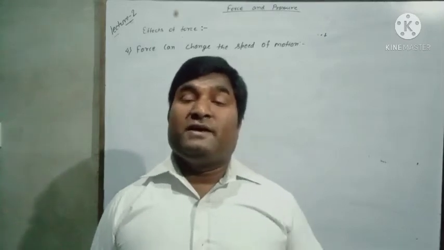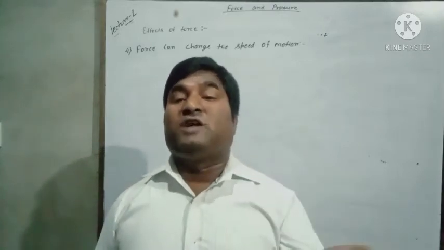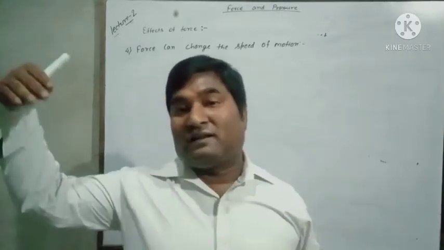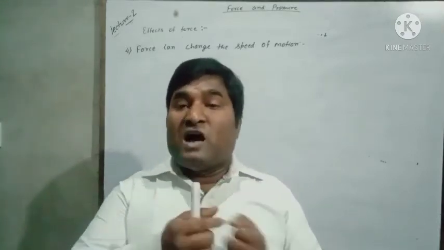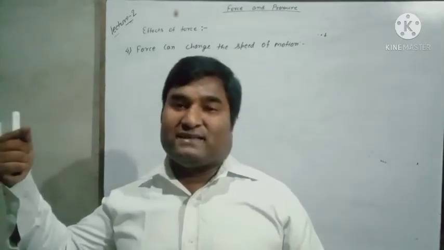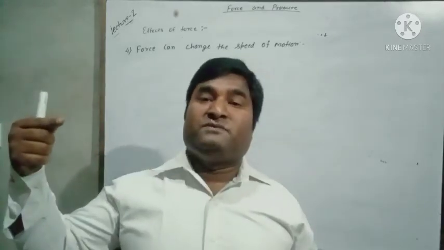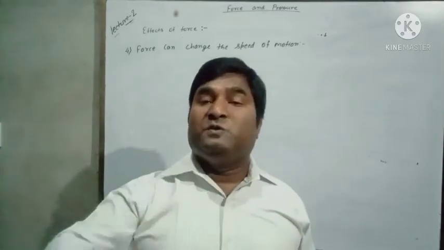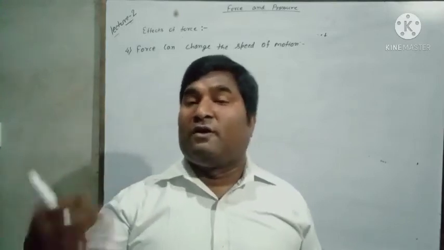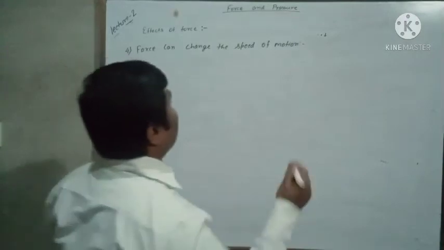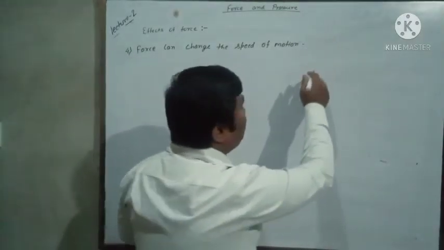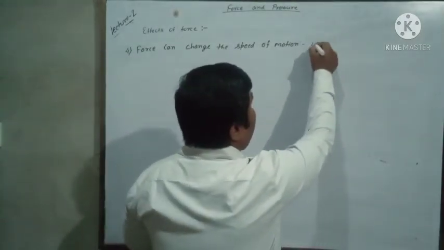For example, a stone is rolling down the hill, मतलब पहाड़ से वो लुढ़क रहा है. If you pull the stone in the opposite direction to its motion, then we can reduce the speed of the rolling stone. Okay? So, force can change the speed of the motion.